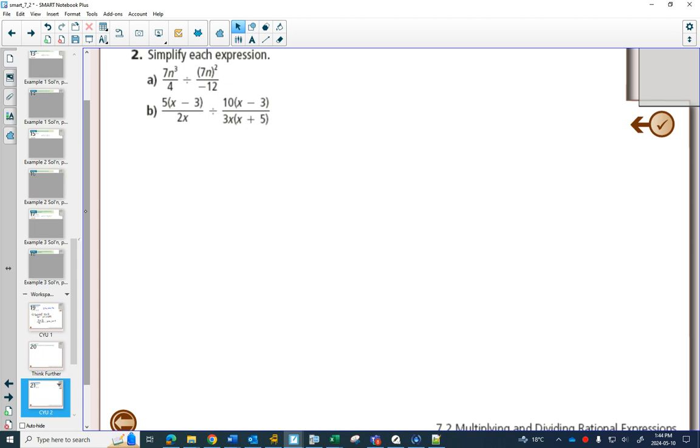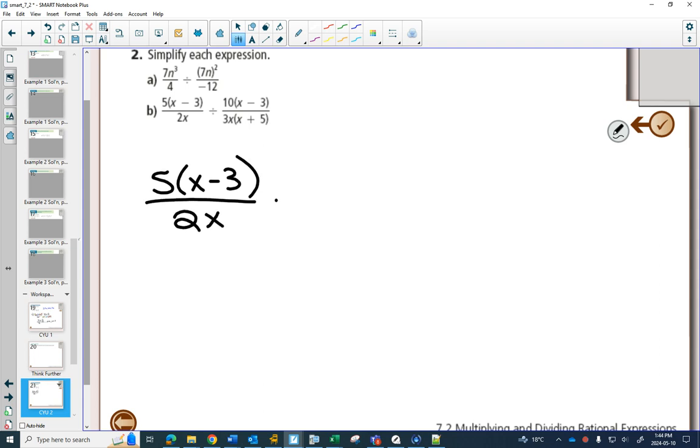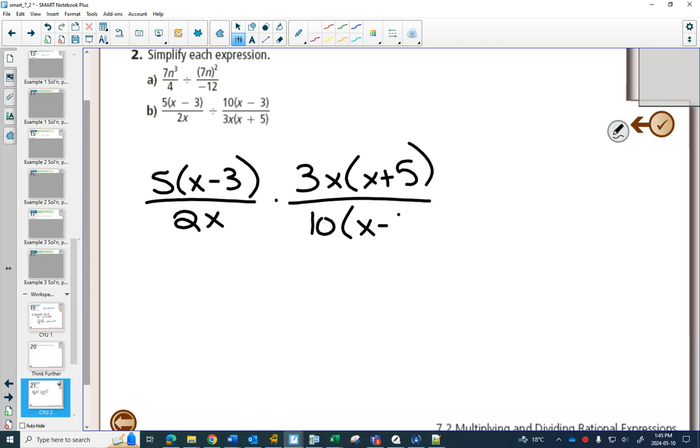All right, part B. We are dividing again. So I am going to rewrite this by multiplying by the reciprocal. And then, should I have broken up anything?